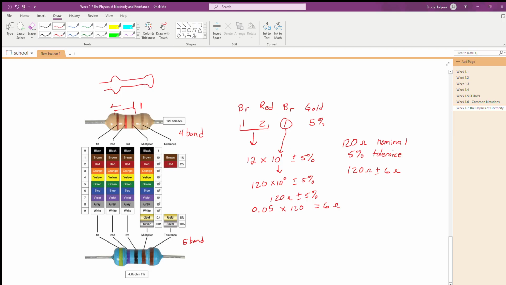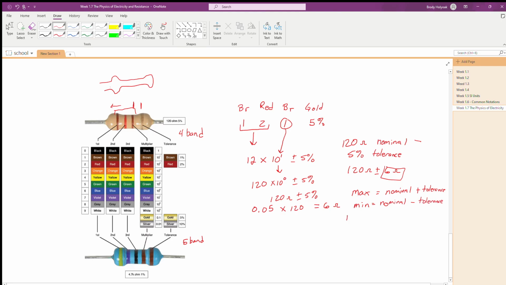So now I can take my nominal, I have my tolerance value, and then I can solve for my min and max. When I measure it, that way I have an idea of what it should be. So I've got my max is going to be my nominal plus my tolerance. My minimum is going to be my nominal minus my tolerance.